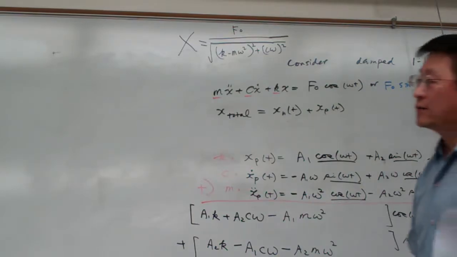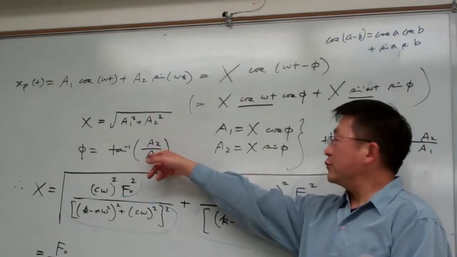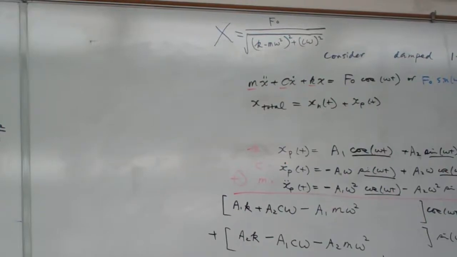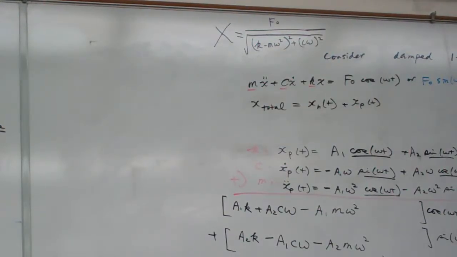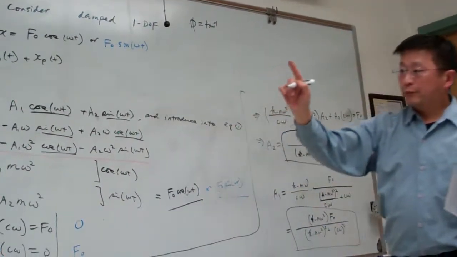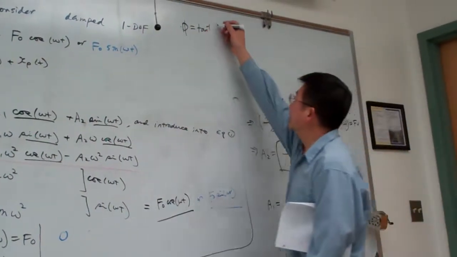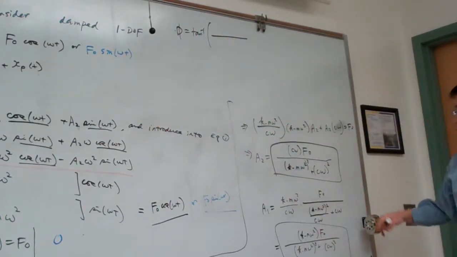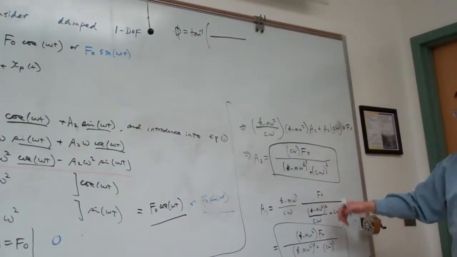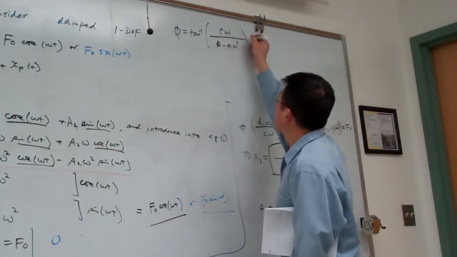Okay, so again, we can do it in a similar way. If you don't mind, I leave the A2, A1. So let me do that here. The phi is equal to arctangent of A2 over A1. Right now we have A2 over A1, so that means A2 divided by A1 simply is C omega over K minus M omega squared.